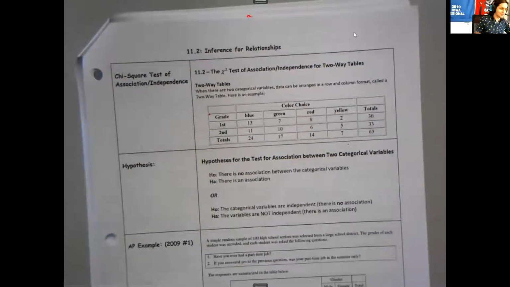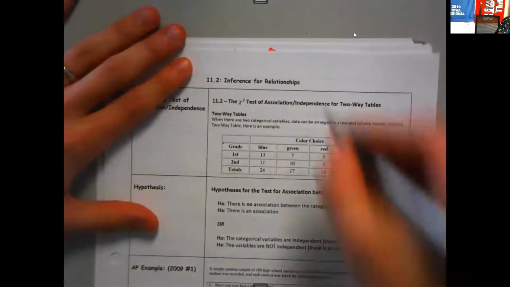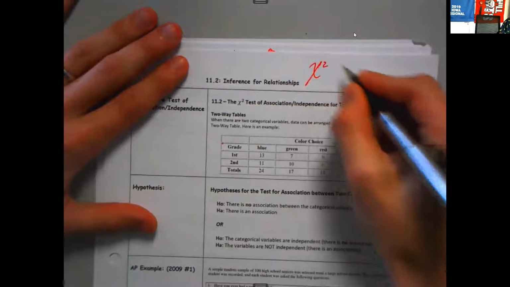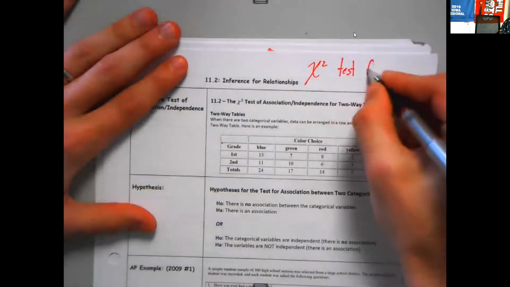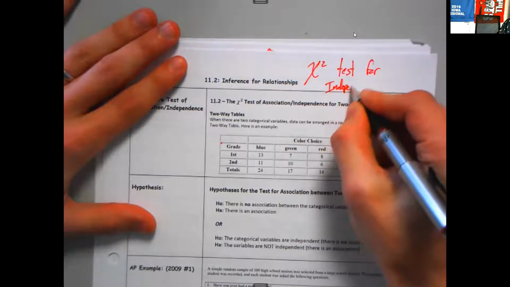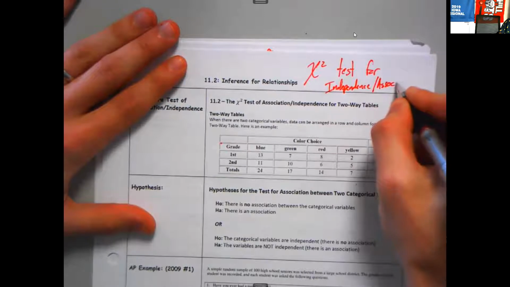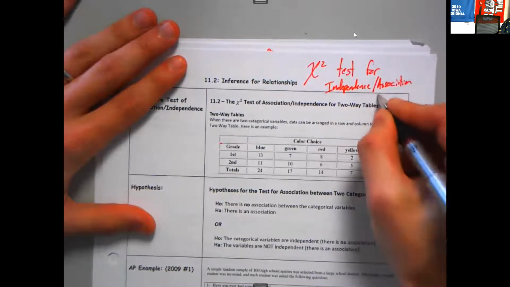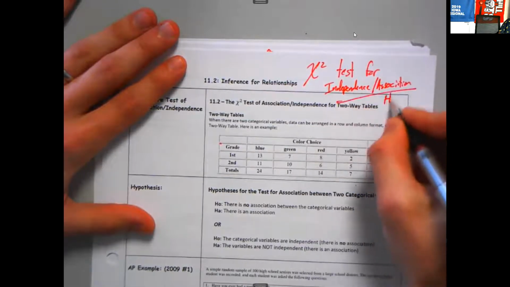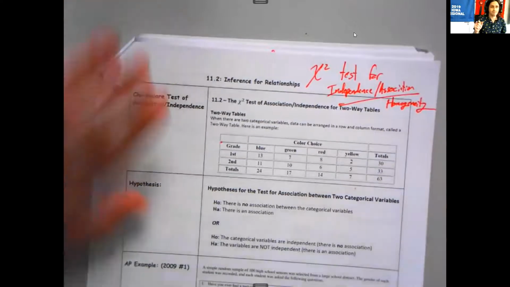11.2 inference for relationships. This is going to be our day where we look at chi-square tests for, we're either going to call it independence, or sometimes we'll call it association. And there's also tests for homogeneity.